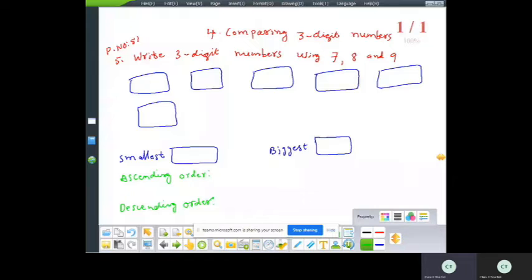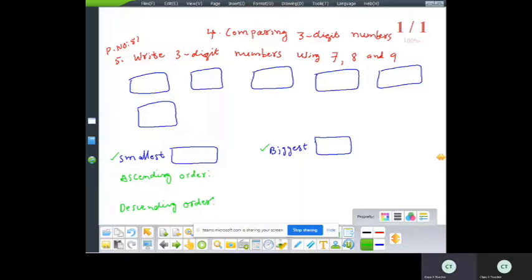Write 3-digit numbers using 7, 8 and 9. From these numbers, we find the smallest one and the biggest one. For these numbers, we arrange in ascending order and descending order.